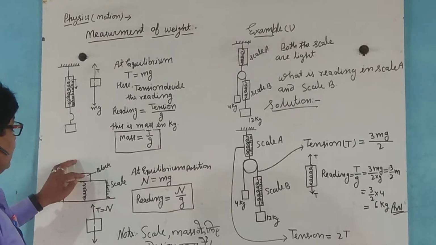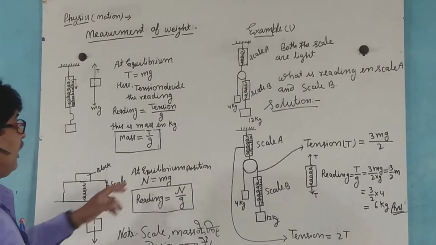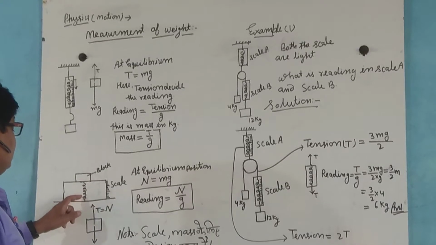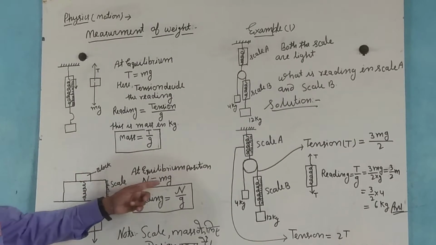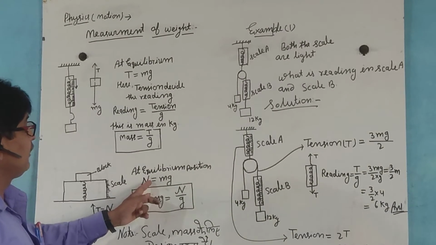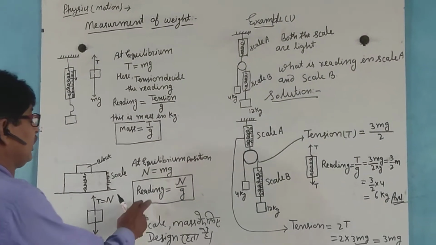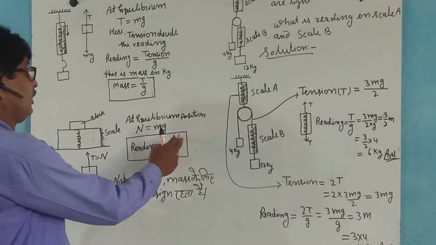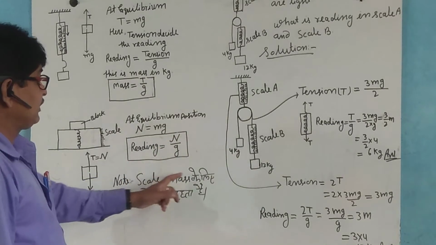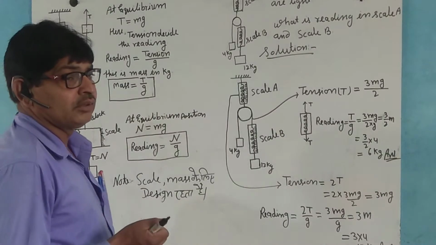If we put the block, there is a depression in this spring, that is, tension is created in the spring at the equilibrium position. Here the normal force acting in the upward direction is equal to the weight, so we can write N equal to mg, so that the reading is equal to normal force by g. And this scale is designed for mass. By placing any object on it, we can calculate its weight.